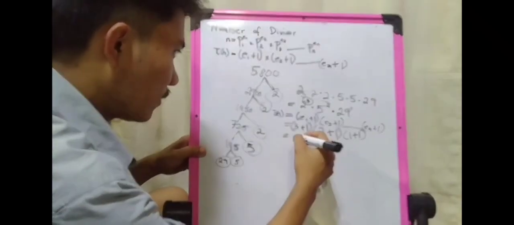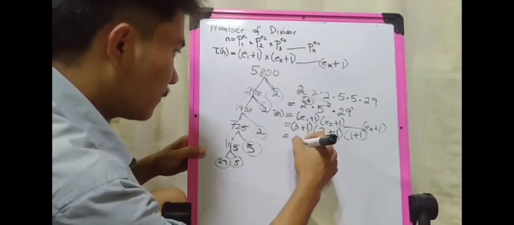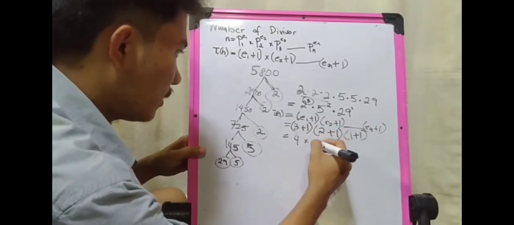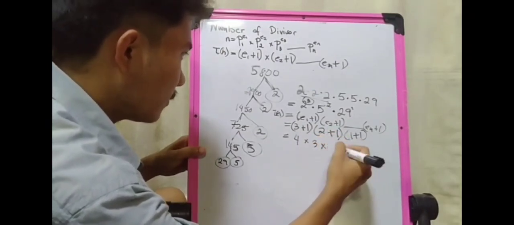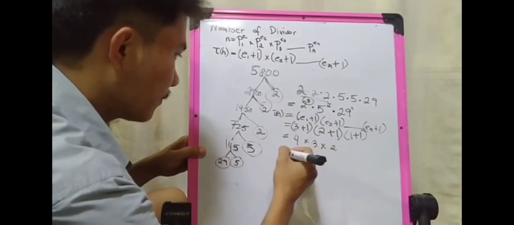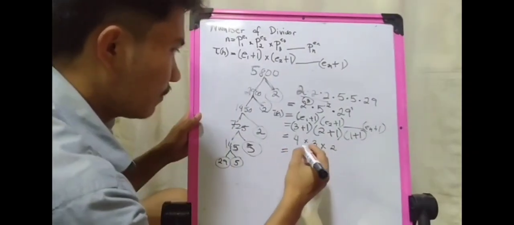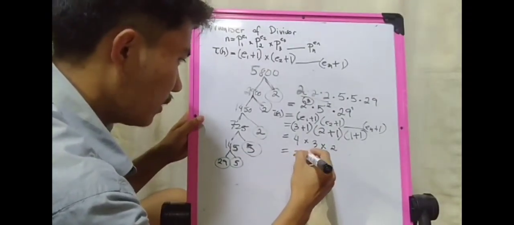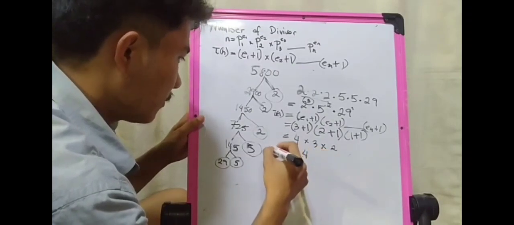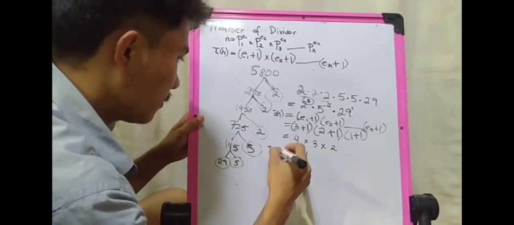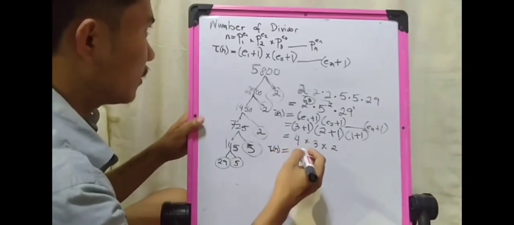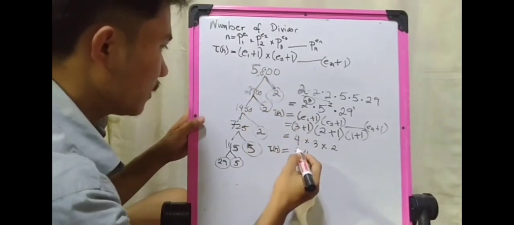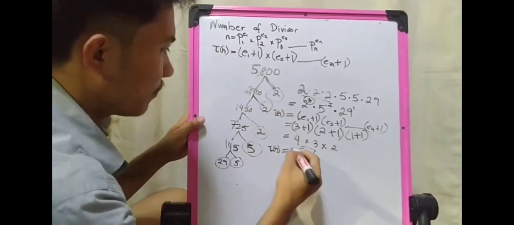So 3 plus 1 is 4, times 2 plus 1 is 3, times 1 plus 1 is 2. So 4 times 3 times 2 is equal to 24. So the number of divisors of 5,800 is 24.